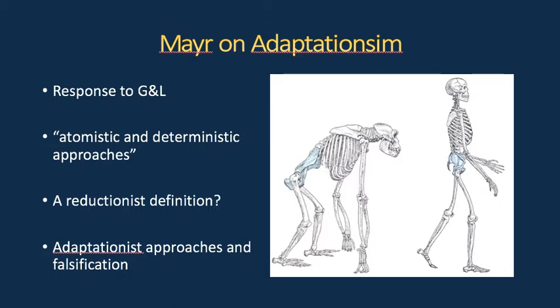Basically what he says is that we have to approach these questions very carefully. We shouldn't be practicing what he calls atomistic approaches. An atomistic approach basically means that you would break down the organism into smaller and smaller traits, and you try to come up with individual explanations for all of them. So he says that that's the wrong way to practice adaptationism.